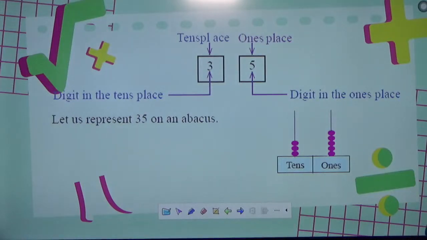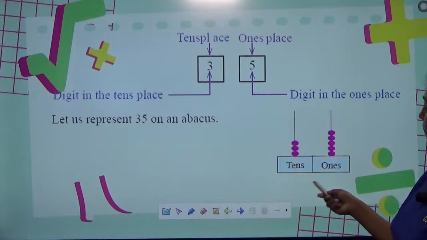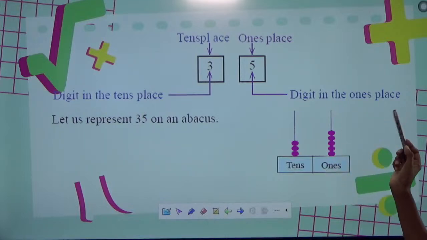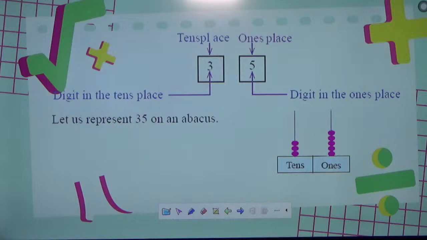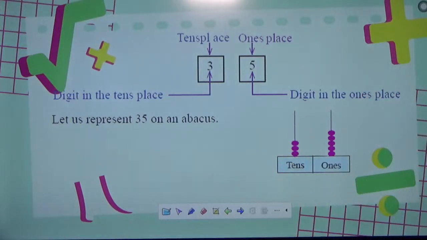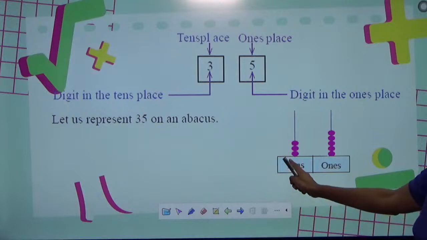Right. Now what is this one? In grade 5 also you have learned. We call this one an abacus, no? I think you know how to represent numbers on an abacus. Let us represent 35 on an abacus. Here you have to represent the ones place, then here the tens place.